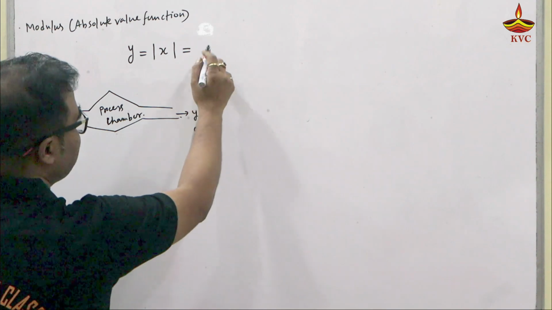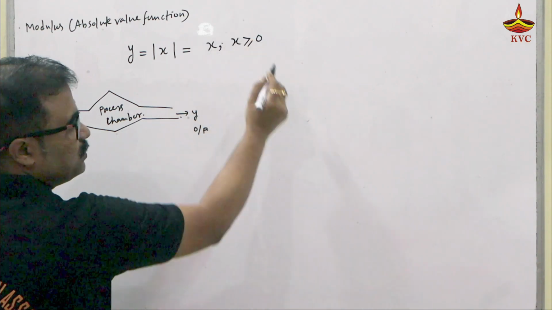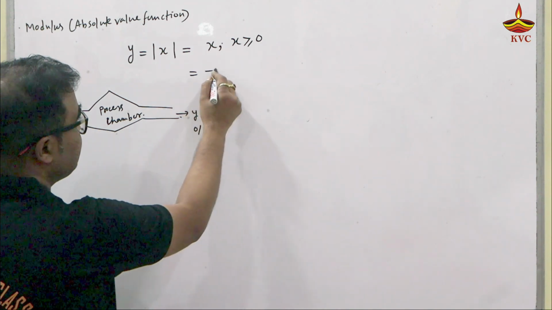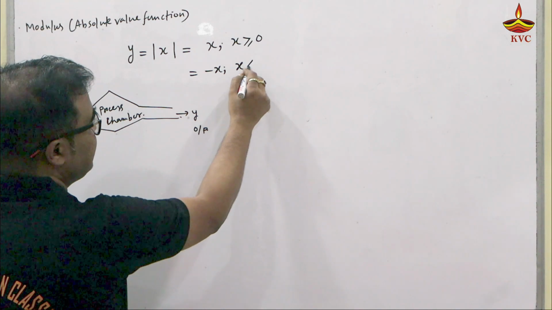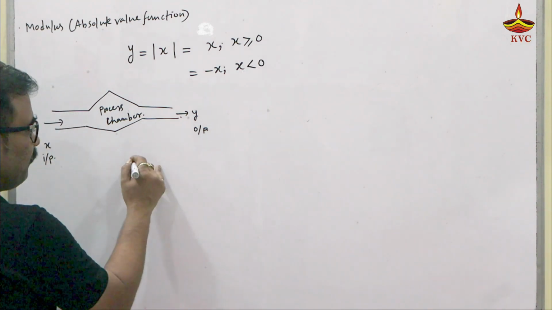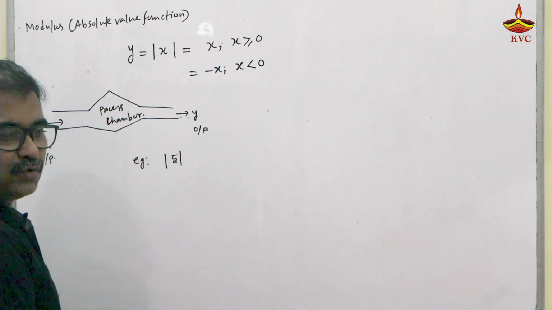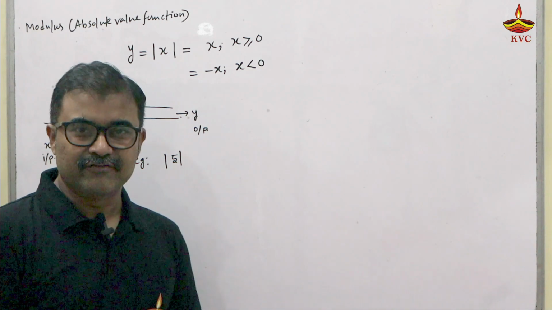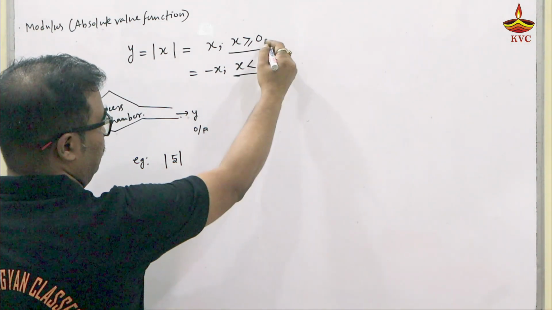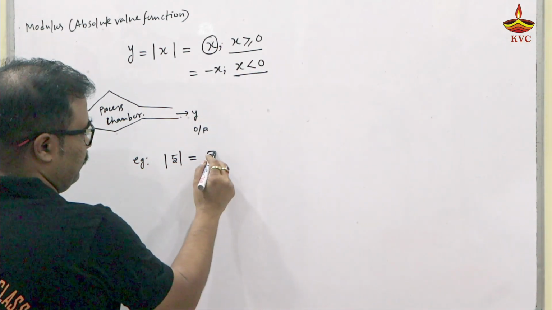So mod x gives x provided x is greater than or equal to 0. It gives minus x when x is less than 0. For example, if you have mod 5, what is the value of x here? 5, and 5 is greater than 0, so this should be the case. That means mod 5 is 5.